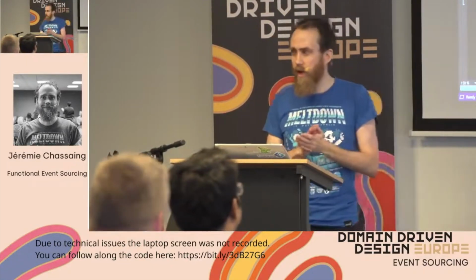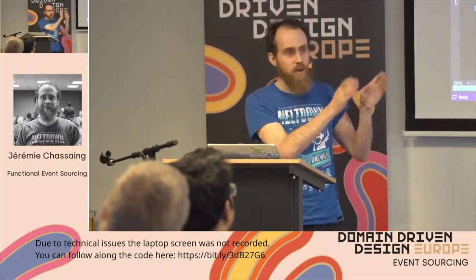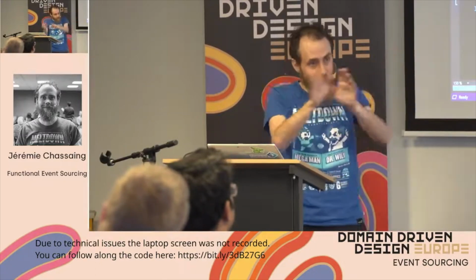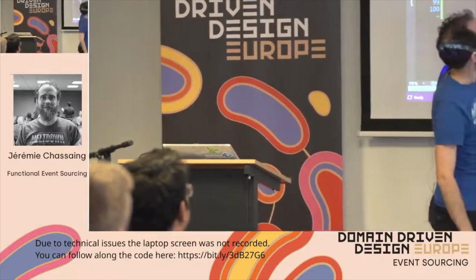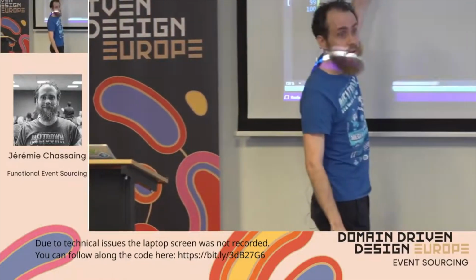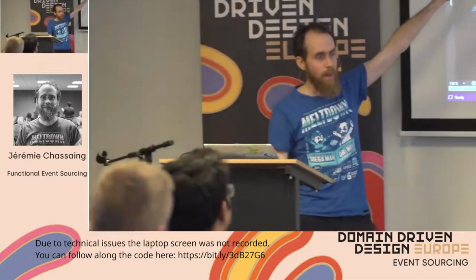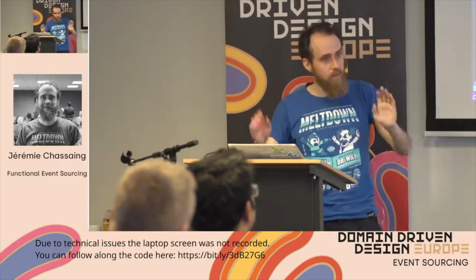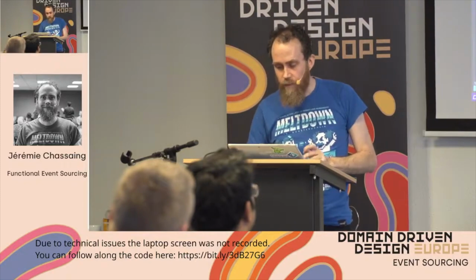If you have those two functions with the signature command, state, events and event, state, state, you can just put them here, put your initial state, and run the exact same code for your domain. And you don't have to use an event store to run it. You can just run it like that.